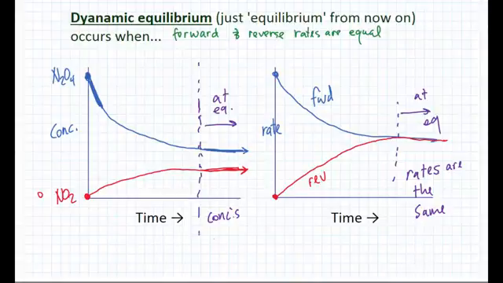Yeah, concentrations become constant. Concentrations stop changing. That's not because the reaction stops, but because every time a forward reaction happens, a reverse reaction also happens, because they're going at the same rate at that point.